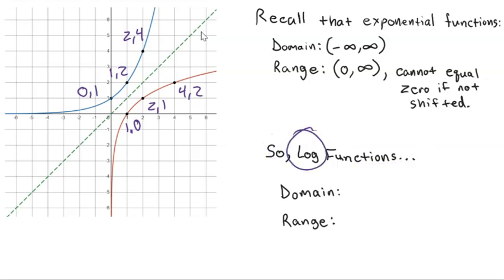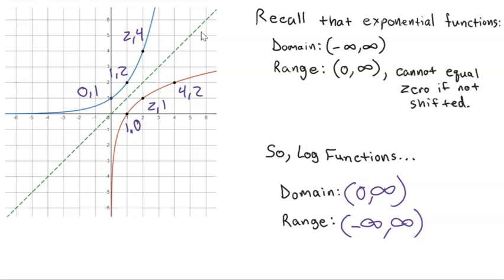The domain of log functions is the range of the exponential, so it is 0 to infinity, and the range of a log function is the domain of the exponential function, which is from negative infinity to positive infinity.